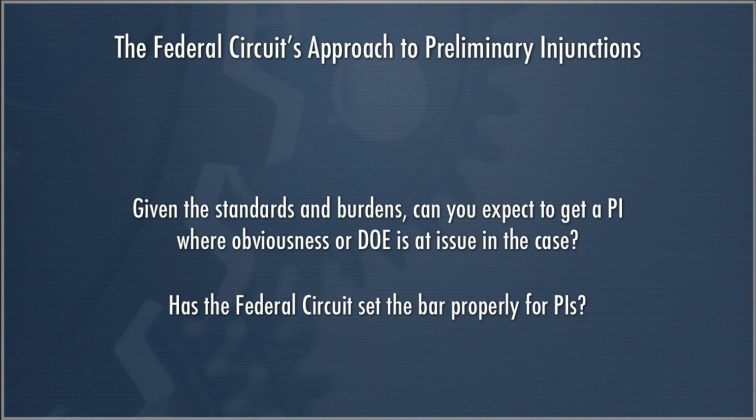And so one question is, has the Federal Circuit set the bar properly as a matter of policy for preliminary injunctions? You can see from the Amazon.com case that the Federal Circuit is very reluctant to issue preliminary injunctions during the course of trial.